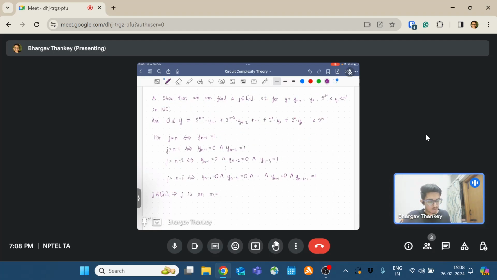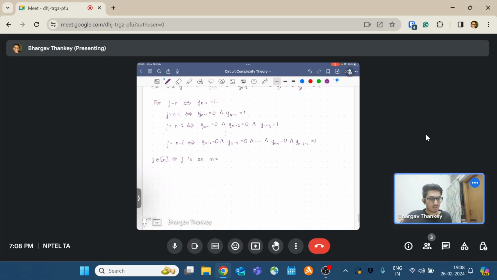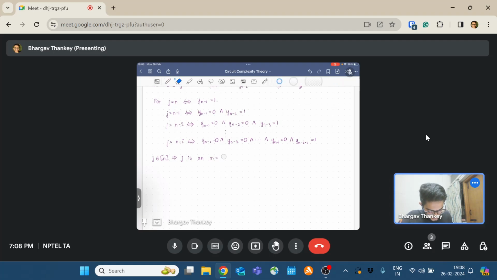We have n bits, so j goes from 1 to n. So the number of bits that you would require for j would be floor of log n plus 1, right?